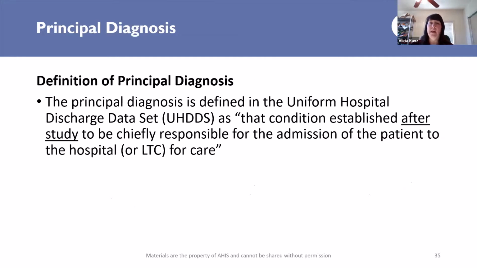The principal diagnosis. We need to be aware of what the principal diagnosis is. The definition, according to the Uniform Hospital Discharge Data Set, is the condition established after study to be chiefly responsible for the admission of the patient to the hospital, or in our case, long-term care, for care. So you need to think about that.